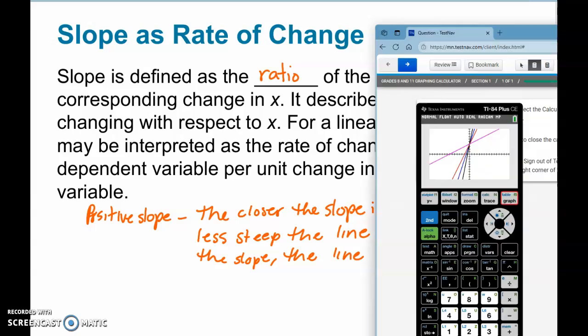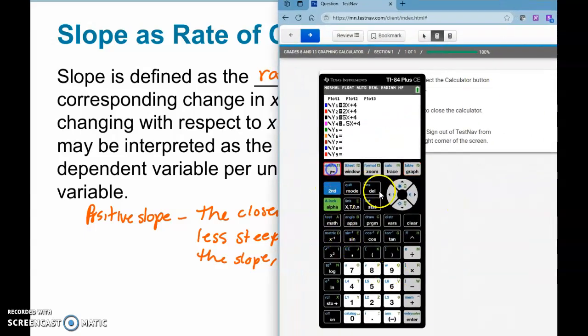Now let's explore it with negative slopes. Let me clear out what's here. I'm going to highlight each one and hit the clear button, and then insert a negative sign. So here's negative 3. Let's do negative 2. Oops, I put it in the wrong location. Let's do negative 2x plus 4. All I'm changing is the slope in each one. I don't want to change the y-intercept because I'm trying to compare what happens when I change just the slope.